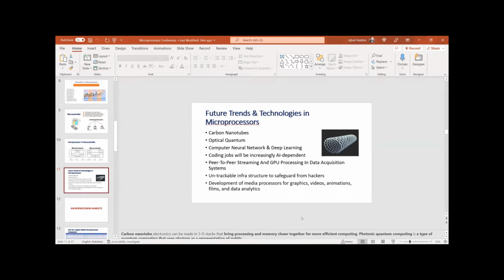And also peer-to-peer streaming these days, since we acquire data from the source, and data analytics is the science which is shaping competitive advantage of the organization. So in peer-to-peer streaming, now it is possible to use graphic processing units so that pictures and videos can also be shared in real time.